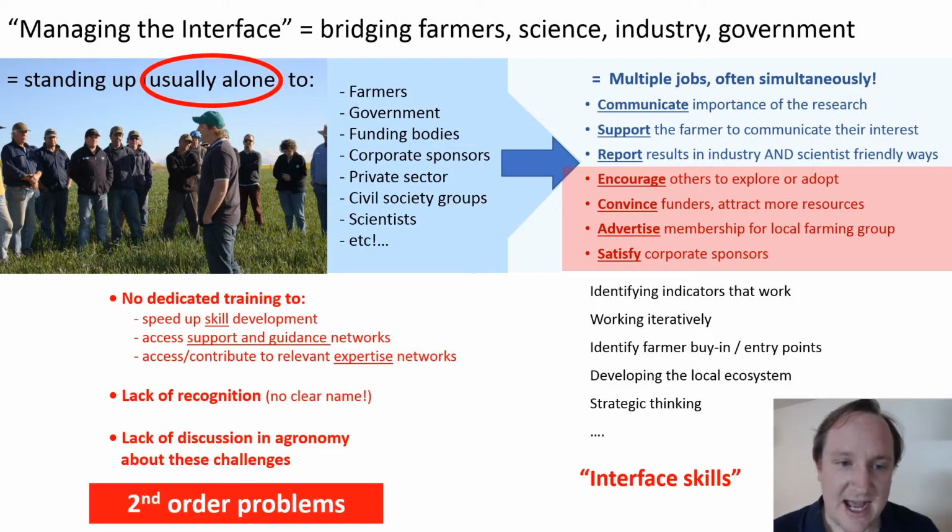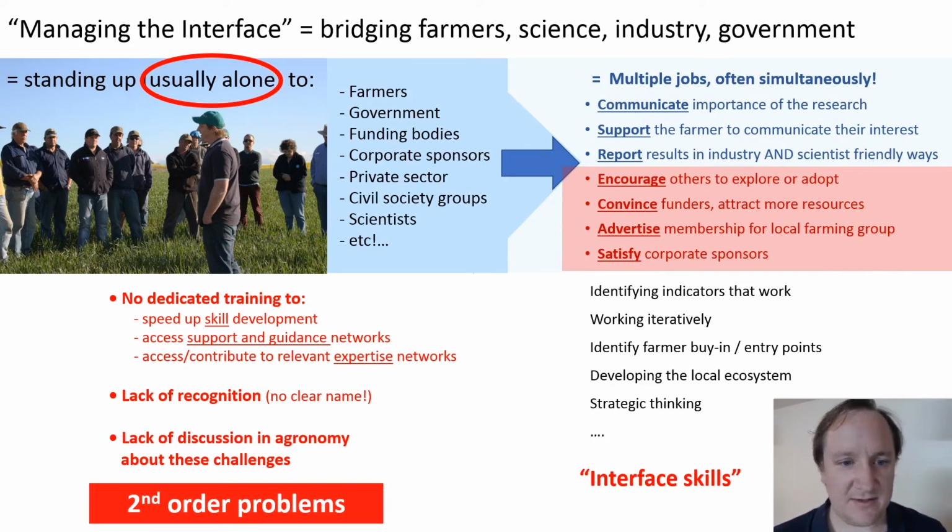Now, whilst there are networks of extension that provide training, there is no dedicated training that I'm aware of or that has been part of my career that will speed up the sort of skill development that I've just spoken about. There is no dedicated training for access support and guidance networks. There is no dedicated training to access or contribute to relevant expertise networks.